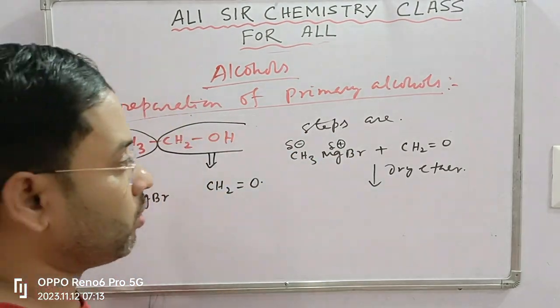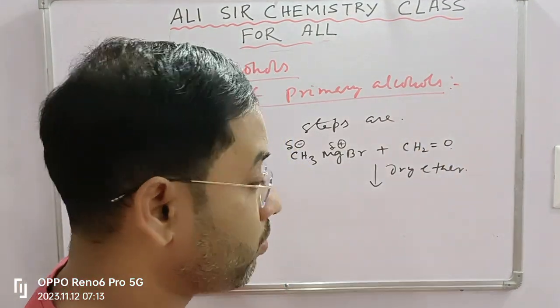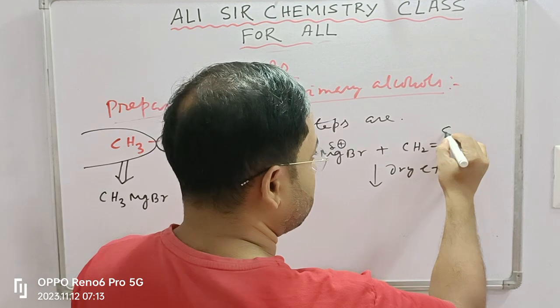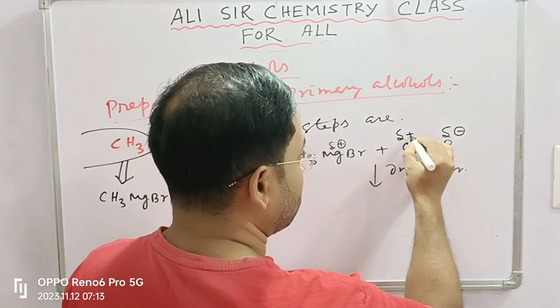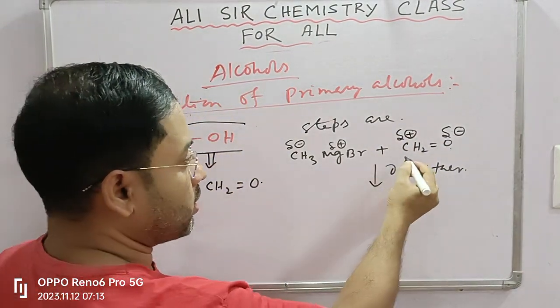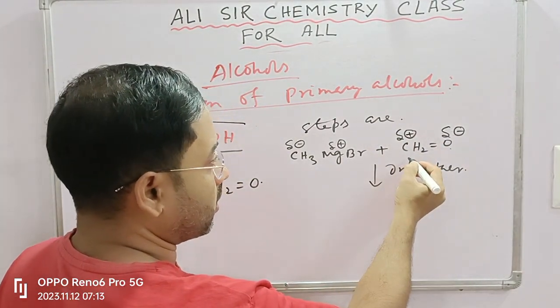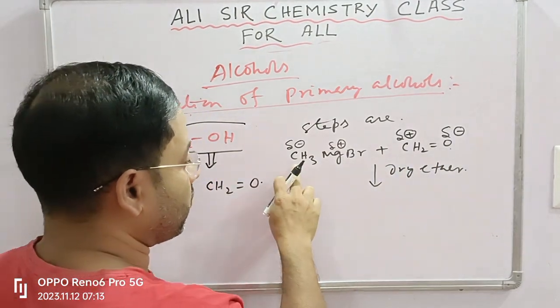And all of you know the oxygen atom is more electronegative than carbon. So in the carbonyl group, oxygen becomes delta negative and carbon becomes delta positive. So this carbon is the electrophilic center and this is the nucleophile.